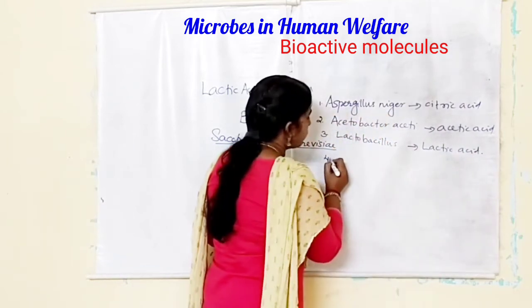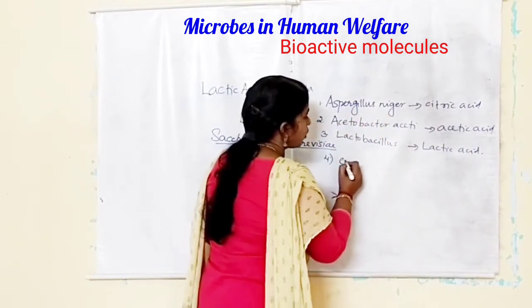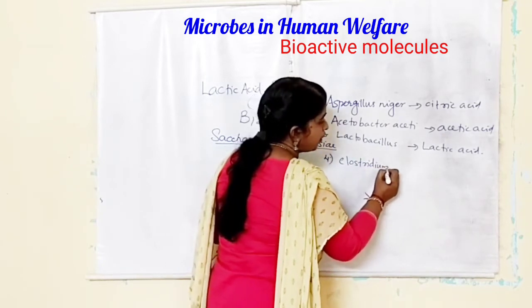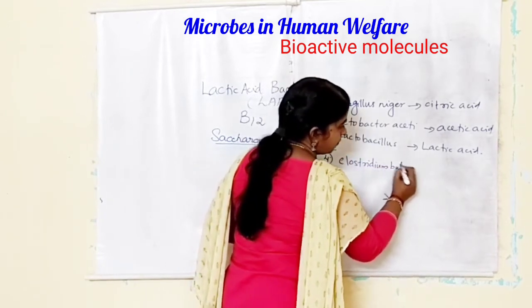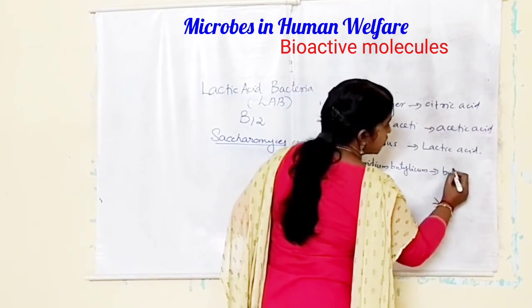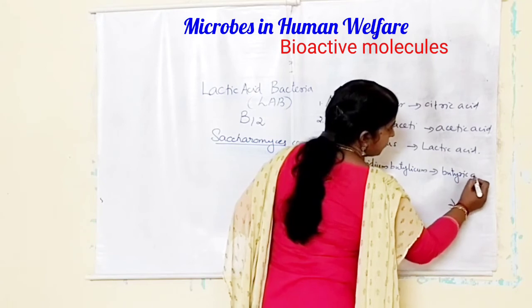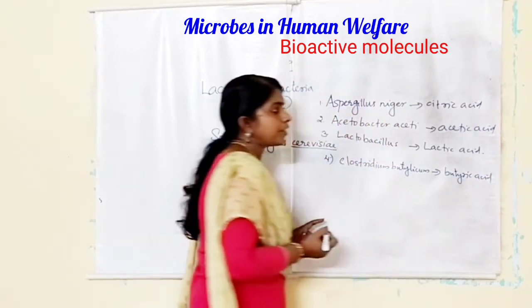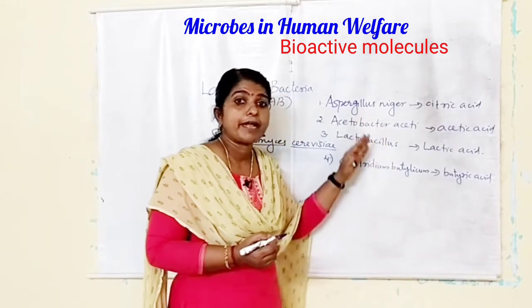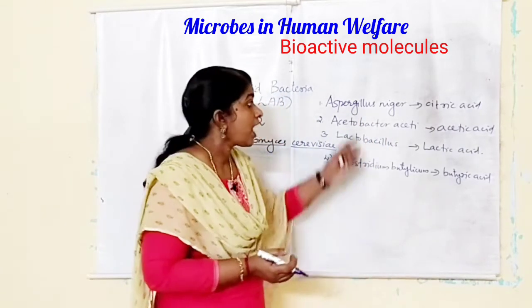Okay. Another one called Clostridium butylicum. It produces butyric acid. Okay. So, different types of acids are formed from microorganisms.